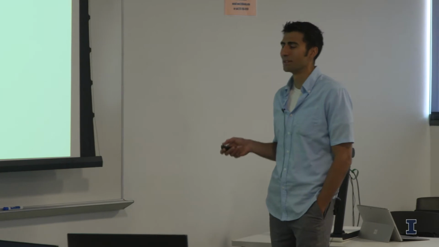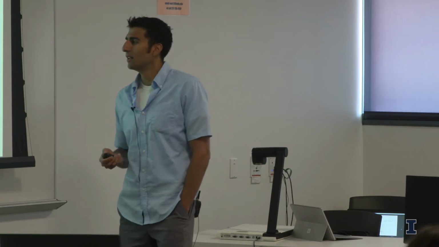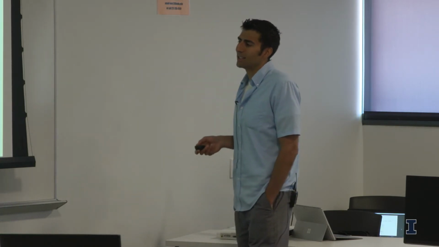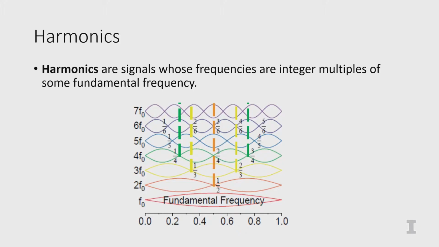Well, almost all instruments use this. In fact, all instruments use this idea of harmonics, and harmonics are what give different instruments their unique sound. The idea is that you start off with what we call a fundamental frequency, some baseline frequency. Now we take integer multiples of that frequency and construct the waves.